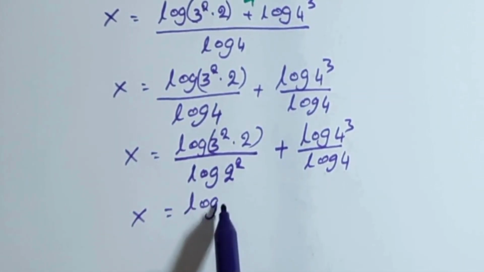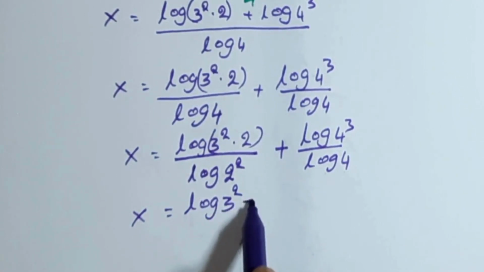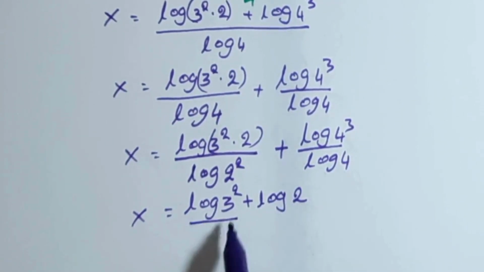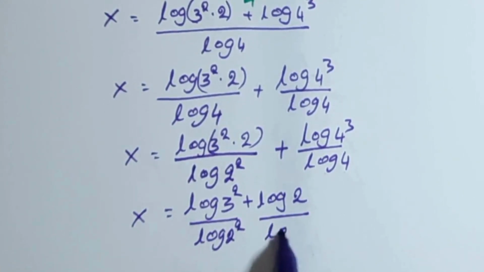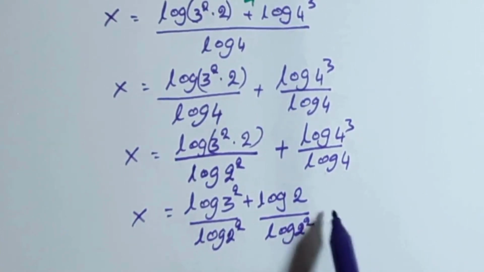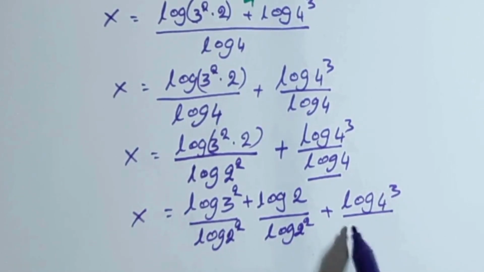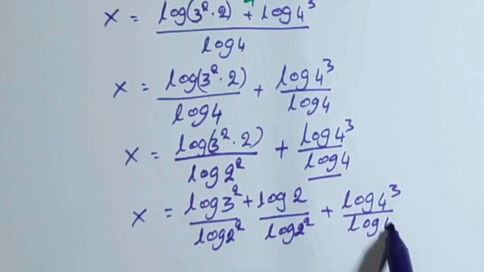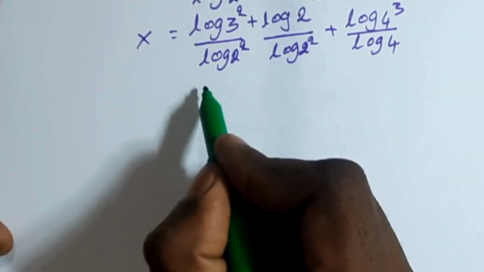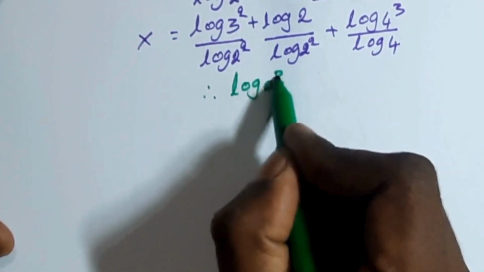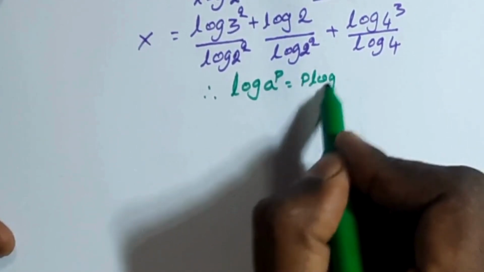So log 4 to the power of 3 by log 4. Log 3 to the power of 2 plus log 2 by log 2 to the power of 2, plus this one log 4 to the power of 3 by log 4. So we are going to implement the log power formula that log a power p equal to p log a.